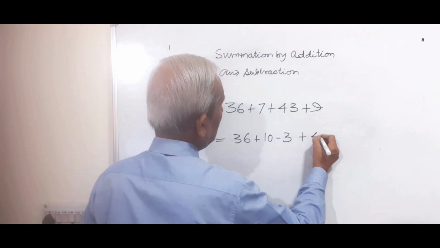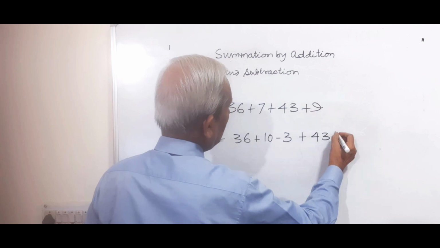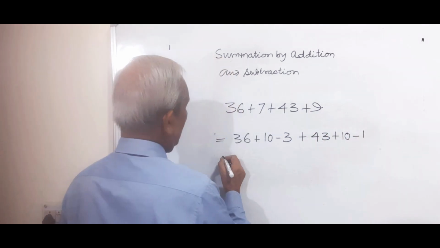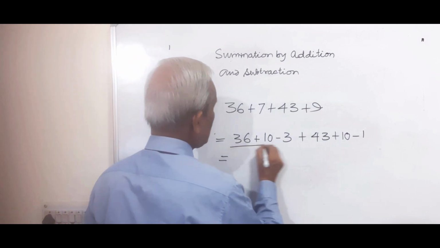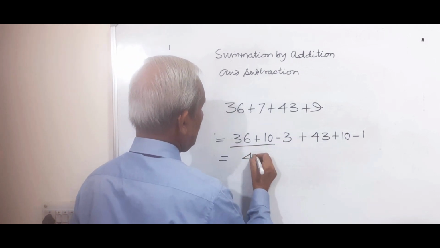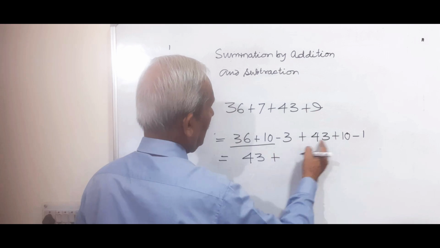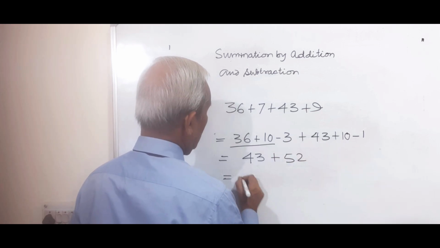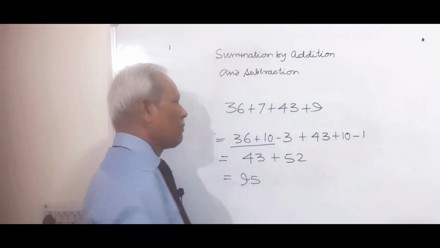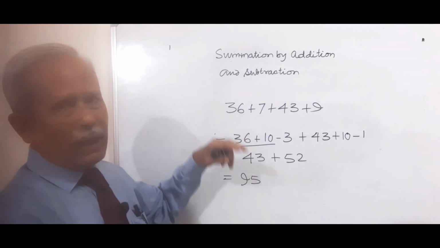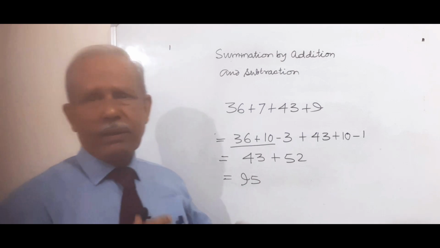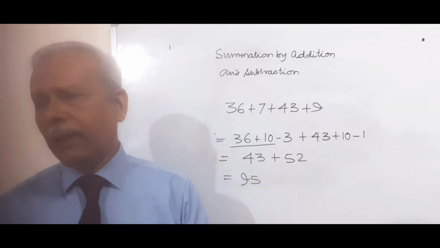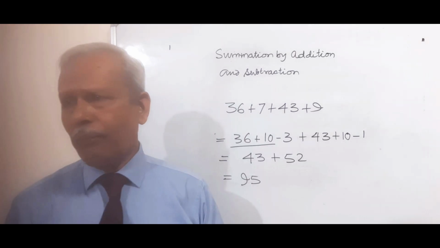Similarly here, make this 9 into 10, and since you have taken 1 more, you will reduce it by 1. So 36 plus 10, 46 minus 3 is 43, plus 53 minus 1 is 52. So it becomes 95. So we've seen that by addition and subtraction, we can make our addition quite easily and conveniently.